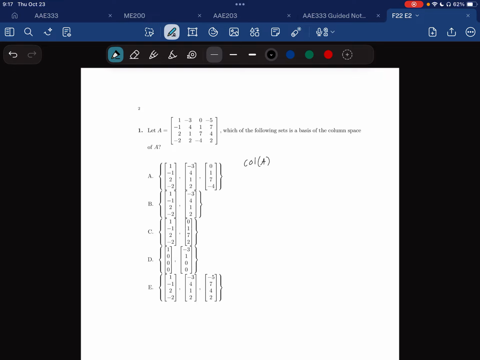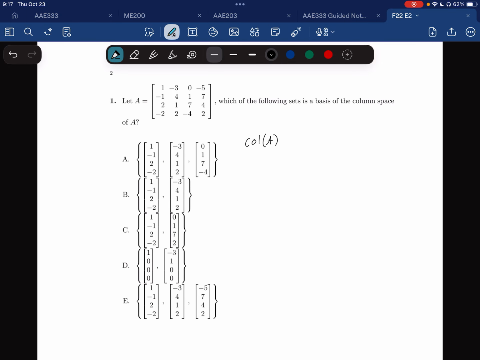And a basis for the column space is going to be, actually, I'll just write everything down as I go. So the definition of this rather is the set of all possible linear combinations of column vectors.